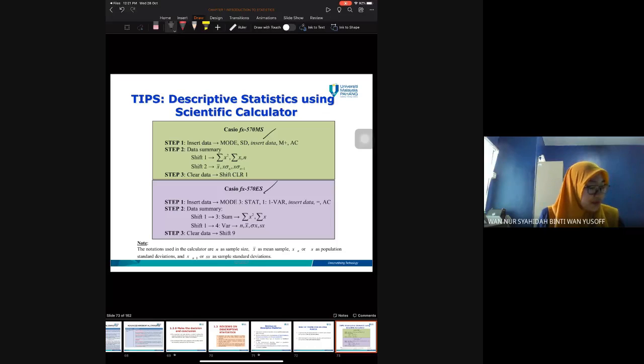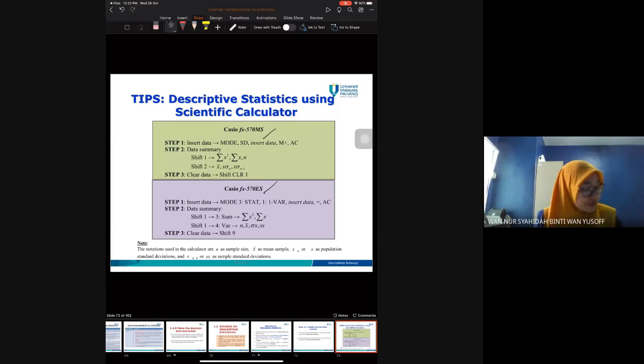When we go to chapter 2 and onward, we are not going to ask you to calculate manually the mean, variance, and standard deviation. What we can do is key in the data in the calculator, and then you can get the value of mean, variance, and standard deviation. Based on the calculator, you will get the standard deviation value, and in order to get the variance, you just square that value.